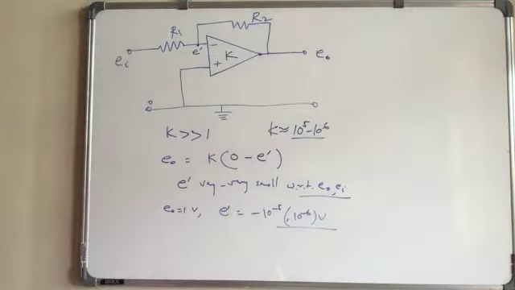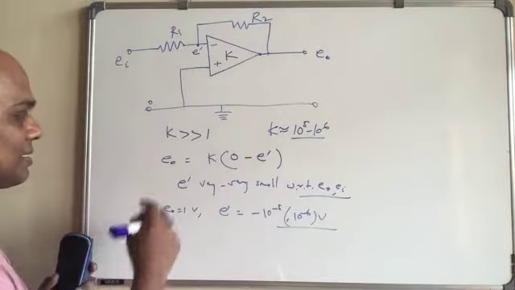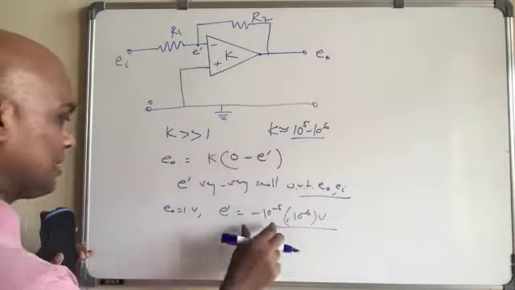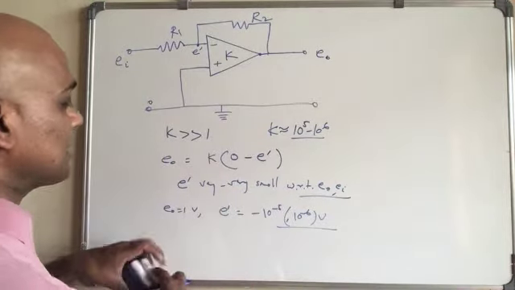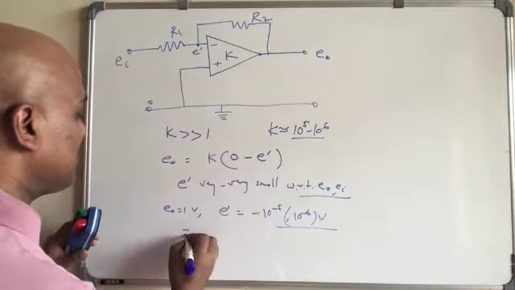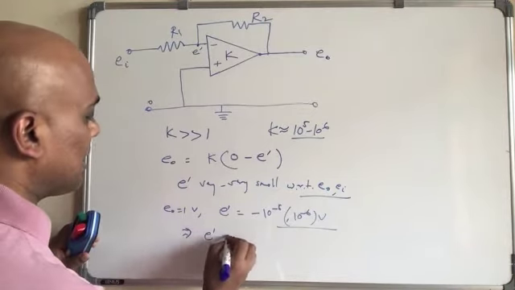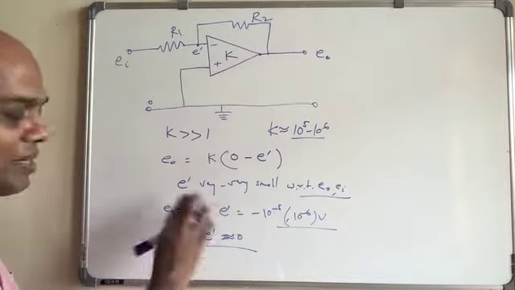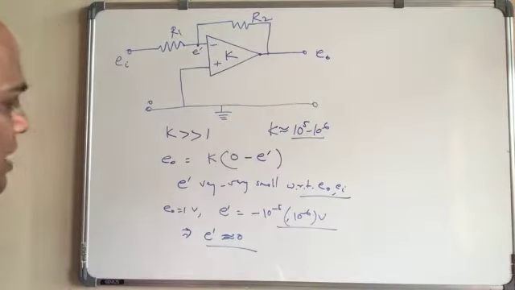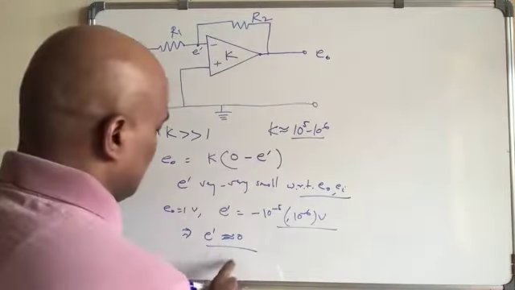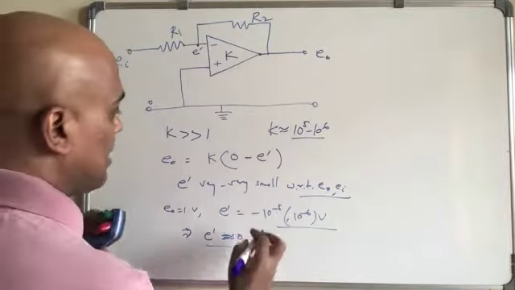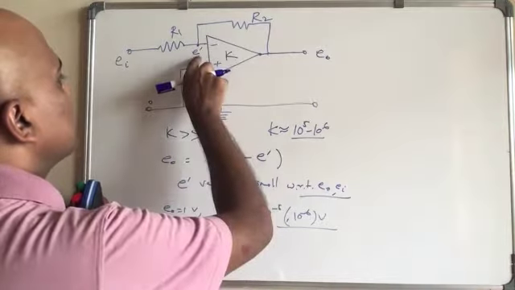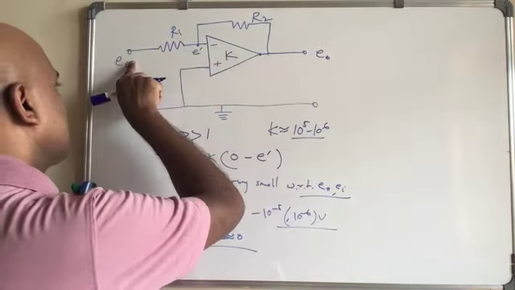See, very small. That's the meaning of that, because K is 10 to the power 5 to 10 to the power 6. So this is very small, and that really means we can take E dash equal to 0, and that will help us. Okay, so this tells us that E dash will be very small as you compare with this one.